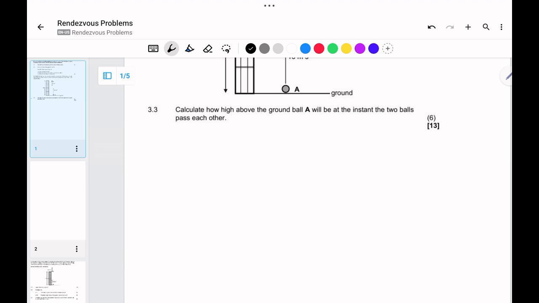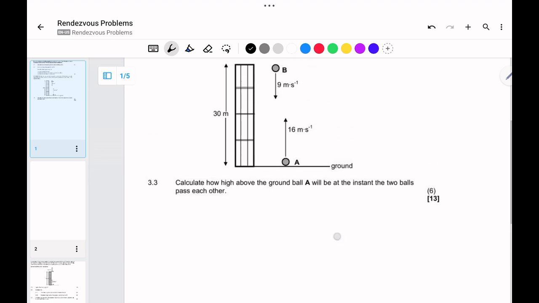What do you need to do in order to meet with someone? You need to agree on a place where you meet, and you need to agree on a time. That is, you need to be in the same place at the same time. And those are the equations that we're going to write down now.